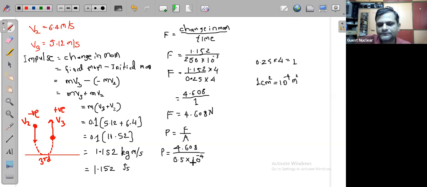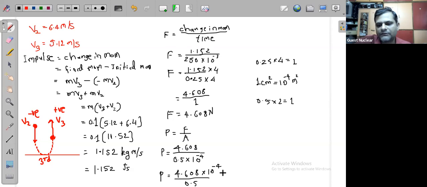If we take this 10 raised to minus 4 to the numerator, we get 4.608 into 10 raised to plus 4. 10 raised to minus 4 goes up and becomes 10 raised to plus 4, and 0.5 is left as it is in the denominator. As we know, 0.5 into 2 is actually 1, correct?